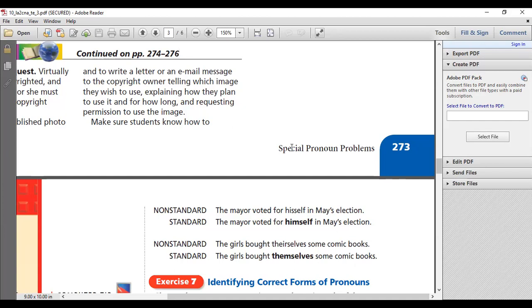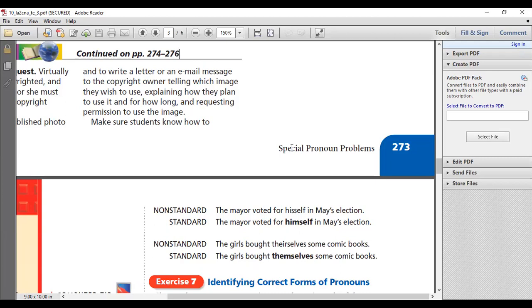The next sentence here: the girl bought themselves some comic books. Again, themselves is the incorrect pronoun here, because it would be non-standard English. What is the correct way? The girls bought themselves some comic books. That's correct, because if we ask what themselves is used as, it is an indirect object.